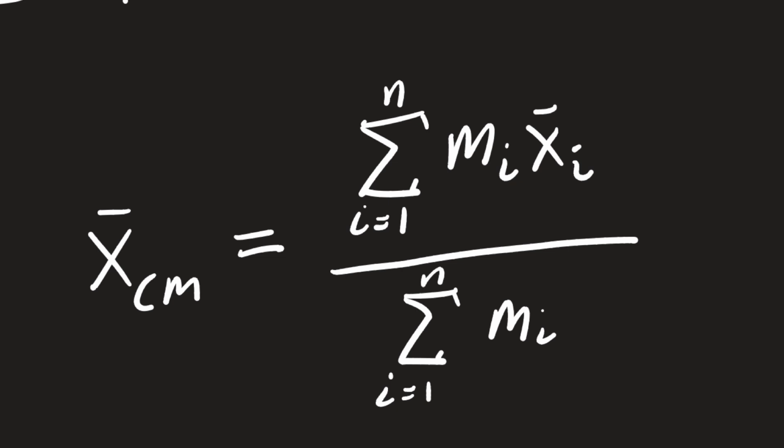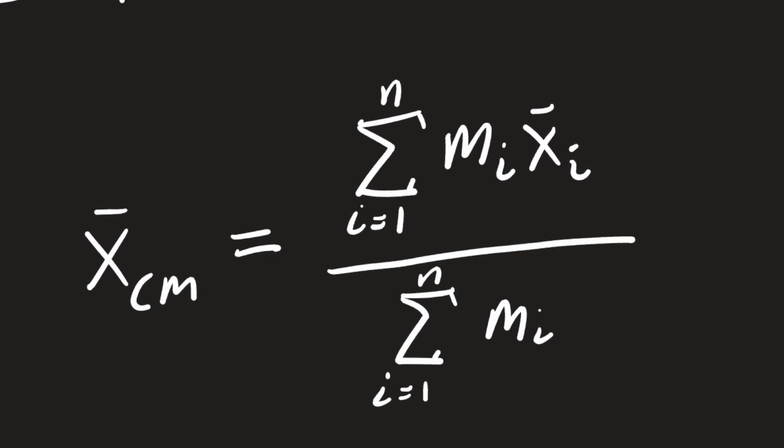So the top one says take a mass and a displacement and multiply them, and then take the next object's mass and displacement and multiply them, and then take the next object's mass and displacement and multiply them, and then add all those things together. It says to start with the first object and end with the last object. That's what the notation means. The bottom of this one's even easier. It just says to add up all the masses. So take mass of object 1, add it to object 2, add it to object 3, and keep going until you get to the last mass.